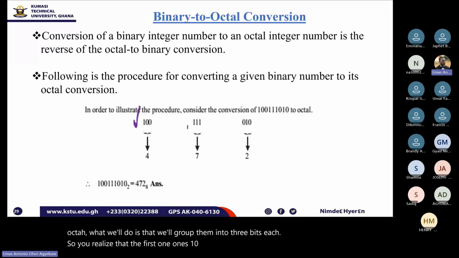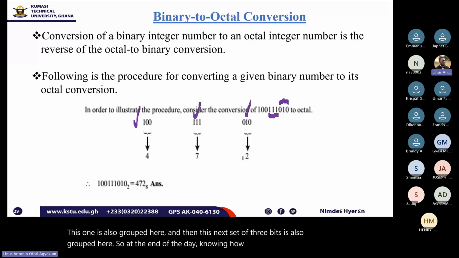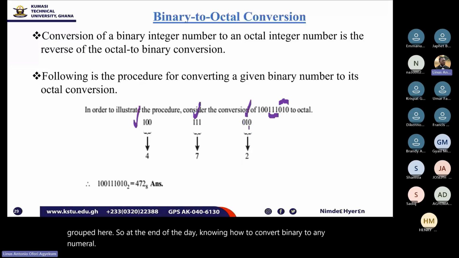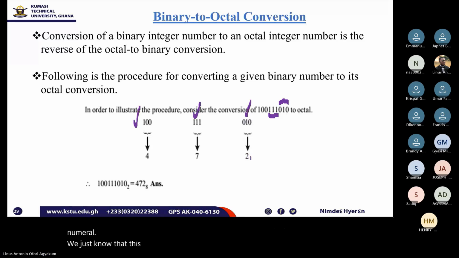Knowing how to convert binary to any numeral, this is 2, this is 7, and this is 4. So we have 472 to the base 8. And that is how to convert from binary to octal.